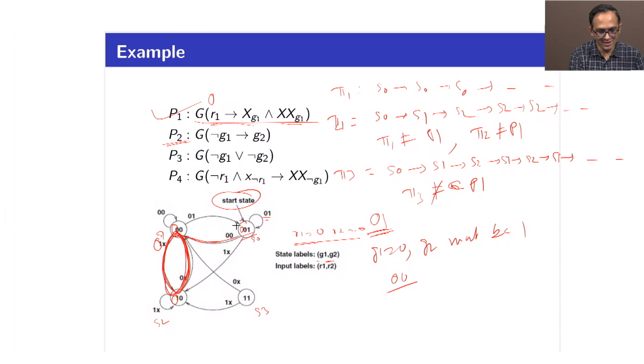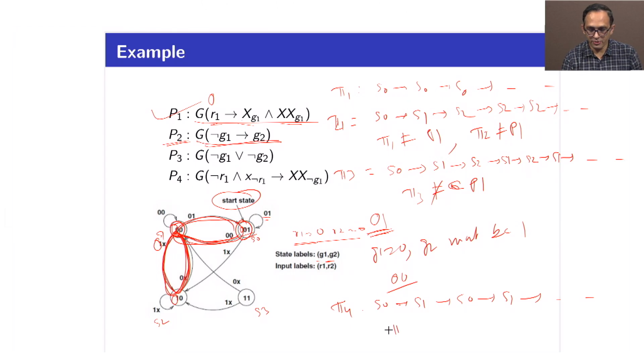So, your initial state is satisfying this, but if you take a path like this, say pi 4, which is S0, then S1 to S0, S1, so it is repeating like this, right. This is the path. In this path I am going to this state which is not satisfying this property, right.